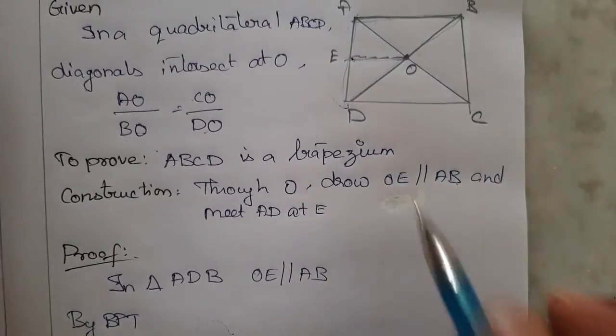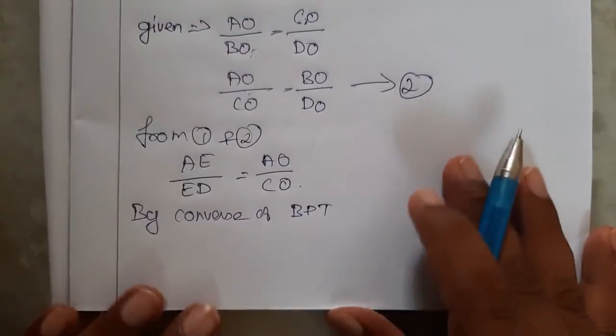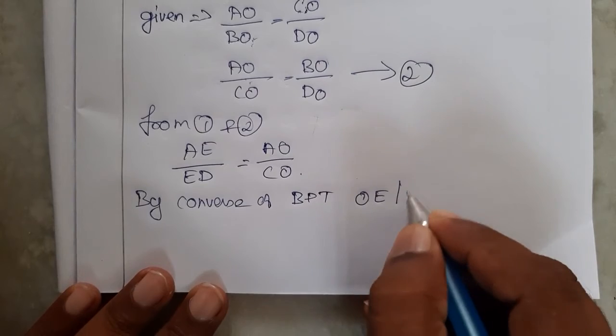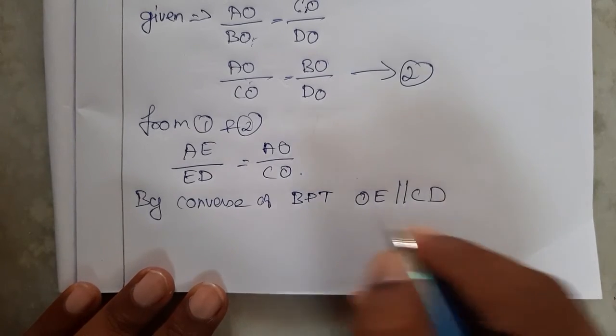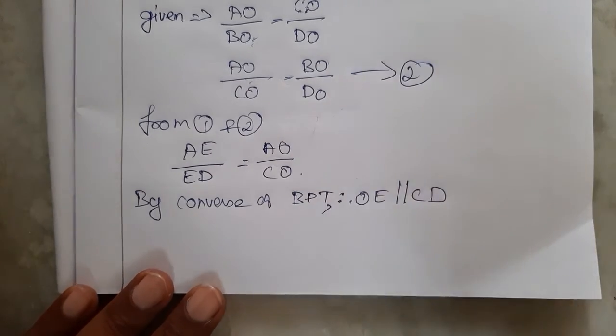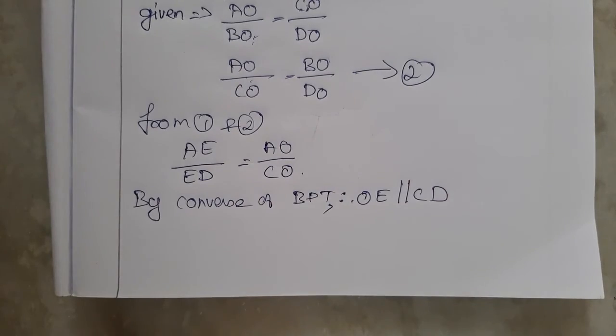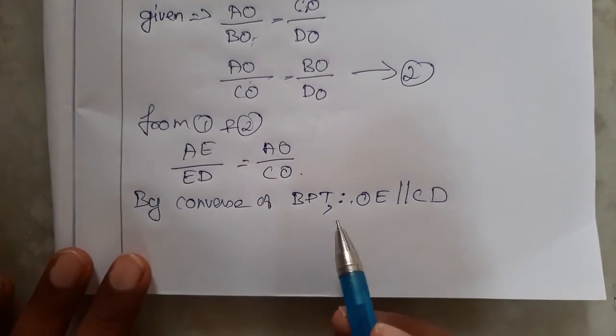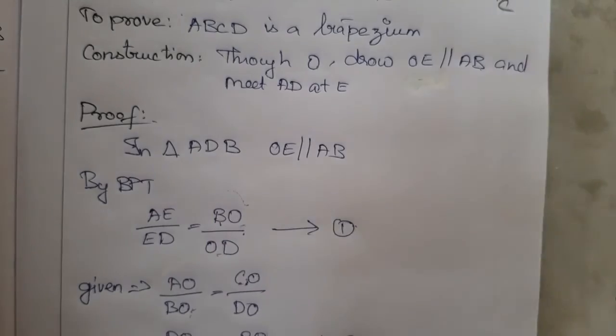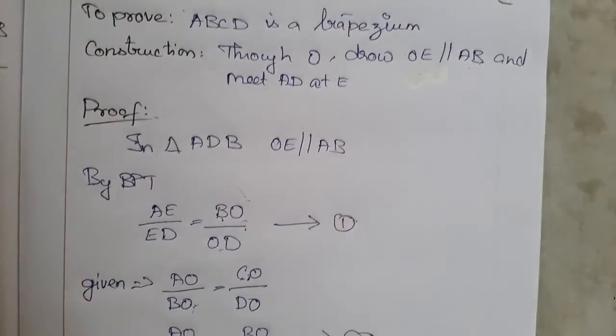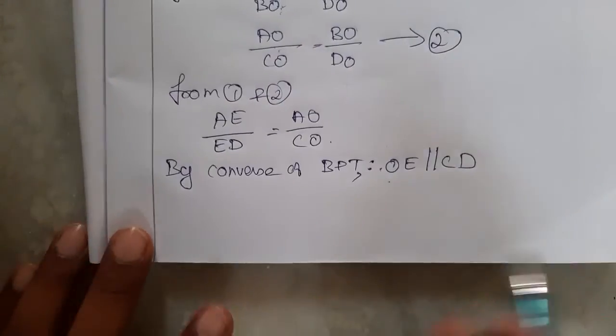So OE is parallel to CD, right? Therefore, OE is parallel to DC. So here OE is parallel to CD, and here OE is parallel to AB. So therefore AB is parallel to CD, right?